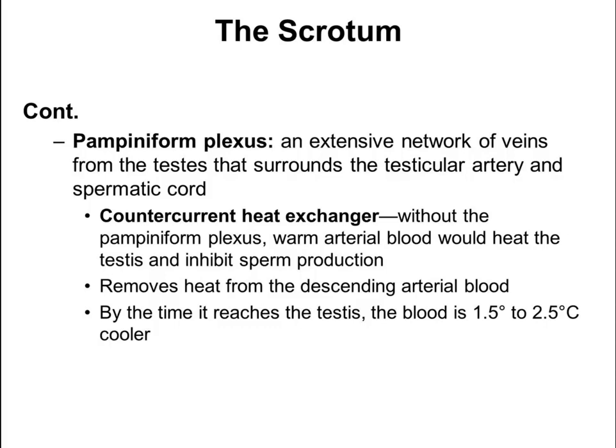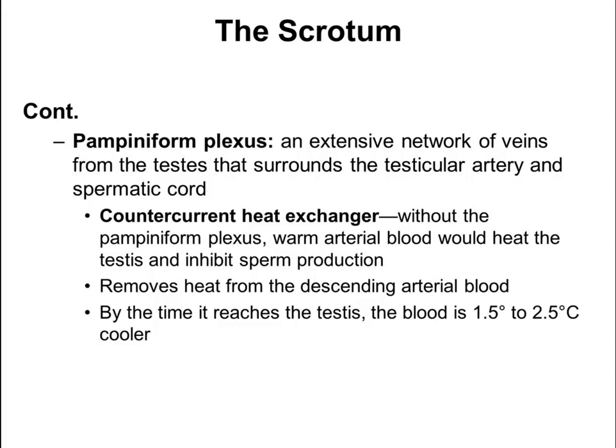And then there is the pampiniform plexus. This is an extensive network of veins from the testes that surrounds the testicular artery and the spermatic cord. Here we find a countercurrent heat exchanger. Without this plexus, the warm arterial blood would heat the testes and inhibit sperm production.